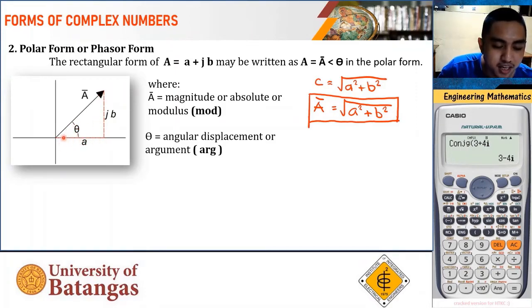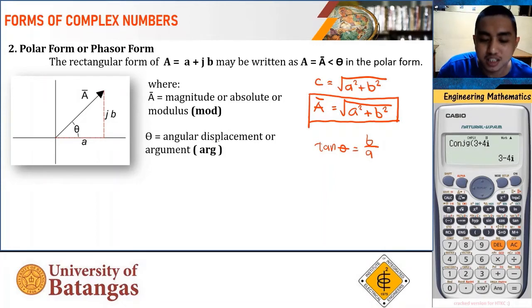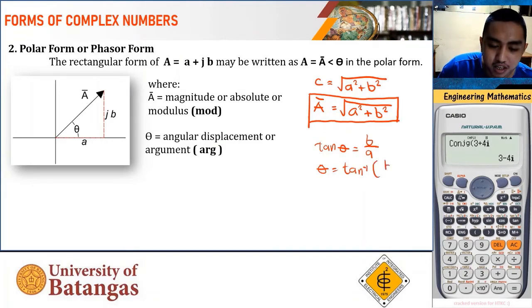Then, itong aking real part is adjacent ng aking angle. So, ibig sabihin nun, kapag kinuha ko yung tangent theta, so, tangent theta will be opposite over adjacent. So, B over A. Okay, to find the value of our argument or yung ating angular displacement, so, theta will be arctangent ng B over A. So, ito na yung aking argument.